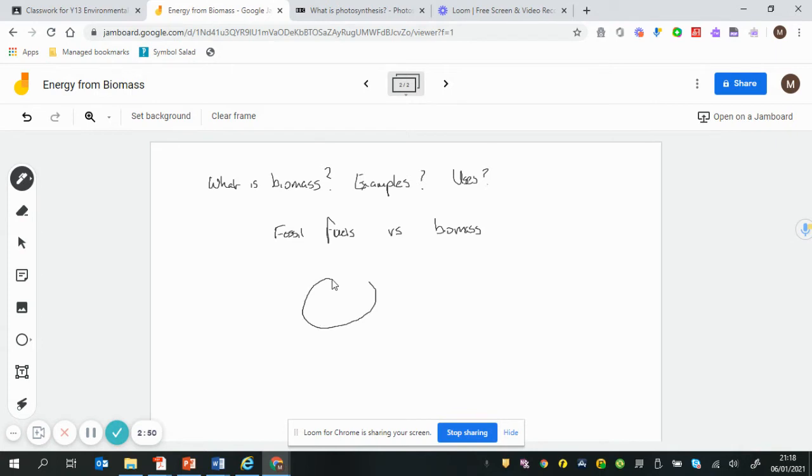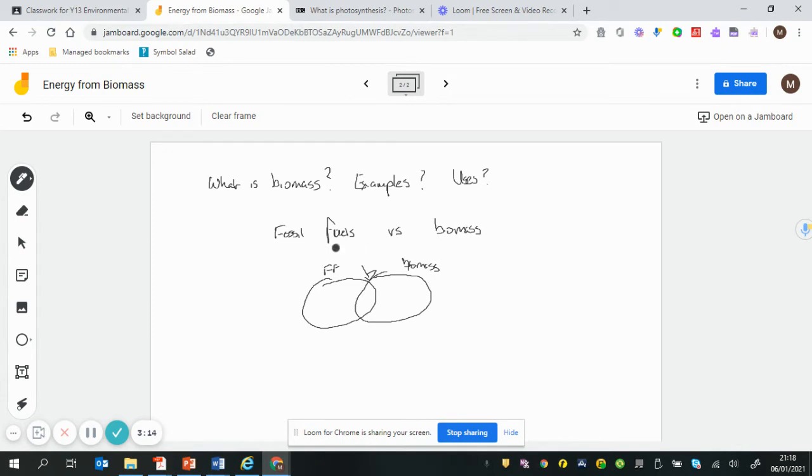As I say, there are probably better ways of doing it. You've got the factors they share in the middle, and then their differences either side, or you can do it in any format you like. You can just list them. You can do boxes or any kind of organizing tool that you want.